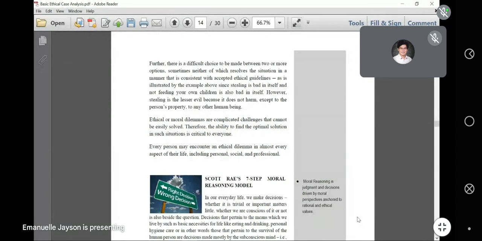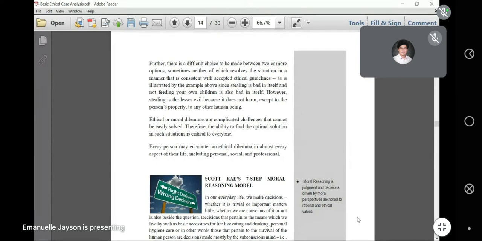Pagkain mo, iniwan mo sa inyong quarters, may bigla na lang kukuha na isang doctor doon na wala man lang paalam. Ang masaklap pa doon, hindi ka pa kumain, galing ka ng 24 hours duty, tapos nanakawin na lang bigla yung pagkain mo. Ang masaklap pa doon, binigay pa yung pagkain mo, hindi lang sa'yo. Kumbaga, binigay ng loved one mo yung pagkain sa'yo, tapos ninakaw pa ng iba.